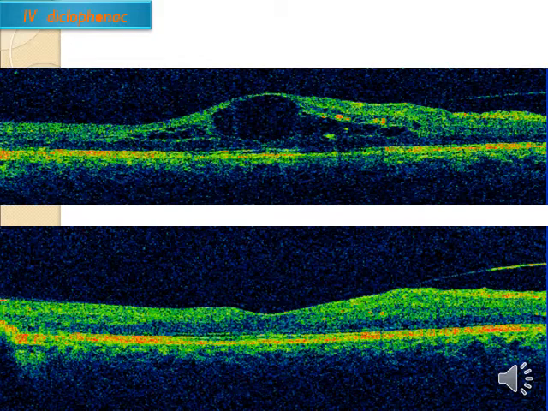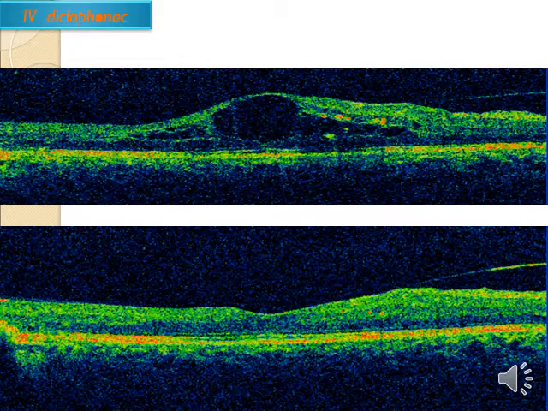Anti-VEGF means anti-vascular endothelial growth factor. Second line of treatment after failure of anti-VEGF in case of center involving diabetic macular edema is intravitreal injection of triamcinolone acetonide.